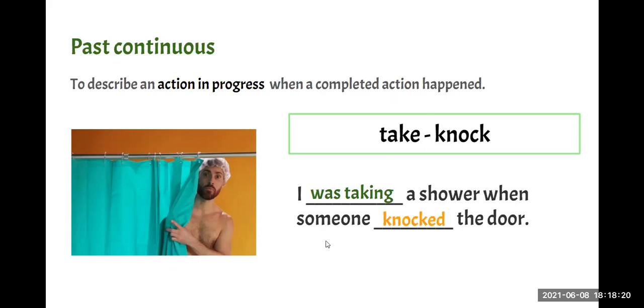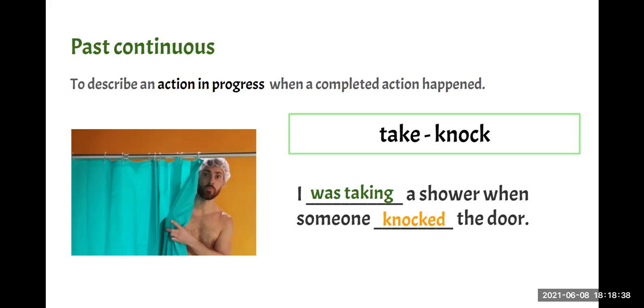Okay, so we can use the past continuous when we are talking about an action in progress and another action interrupts this action in progress. Okay, for example, I was doing my homework and my mother called me.